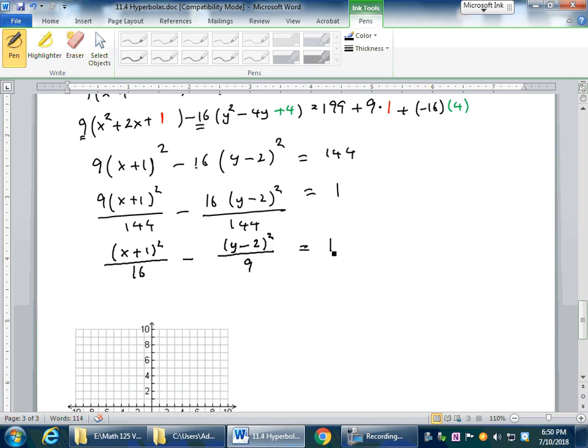So finally, if I rewrite my final step, this will become (x minus a negative 1) squared over 4 squared minus (y minus 2) squared over 3 squared, equal to 1.